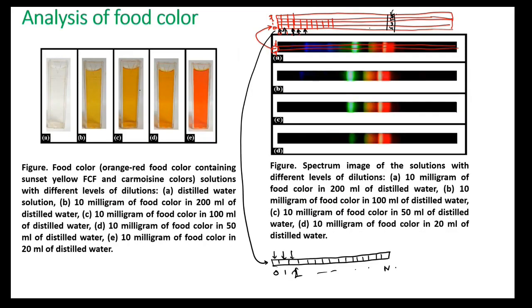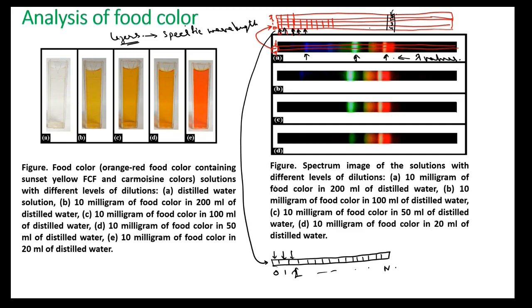We can do it by taking a typical number of sources, some lasers which are having specific wavelengths. You can have a UV laser or blue laser, a green laser, a red laser, and you know the wavelength values of these lasers.